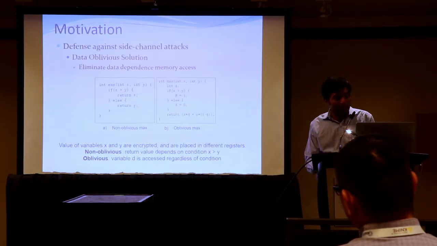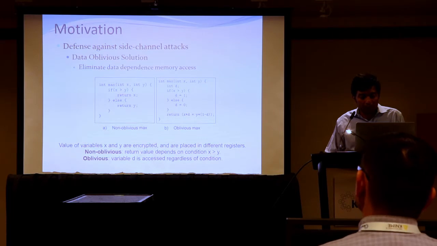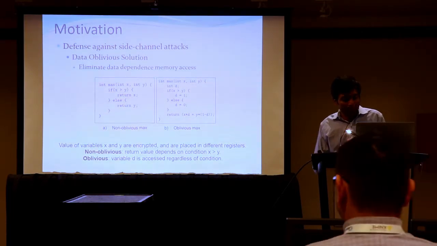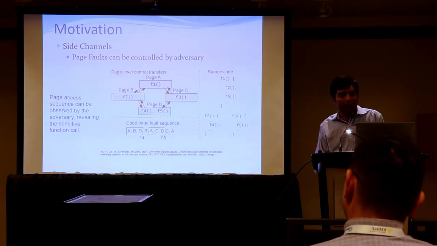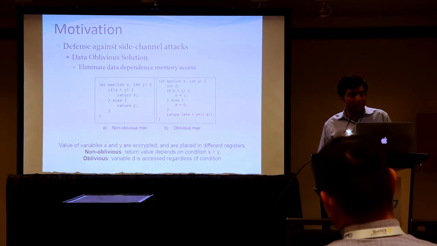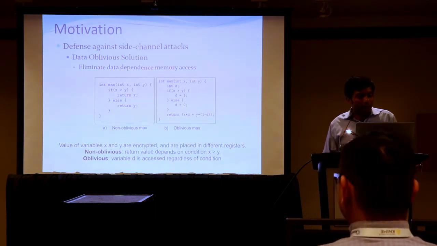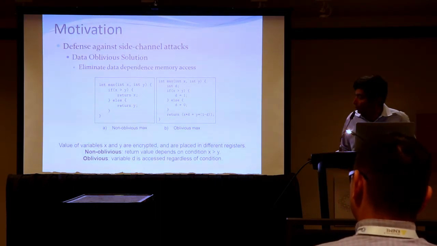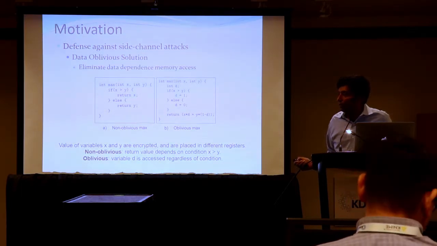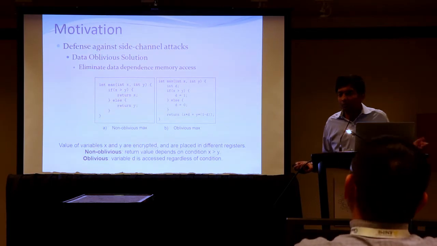When you run some analytics algorithm, we want to make sure that even if you run it in an SGX environment, it will not be vulnerable to the side channel attack. So the goal here is to defend against this side channel attack, and there is some work called data oblivious solutions. So for example, in these functions, we are trying to return the maximum, right? Given two numbers, I want to return the maximum.